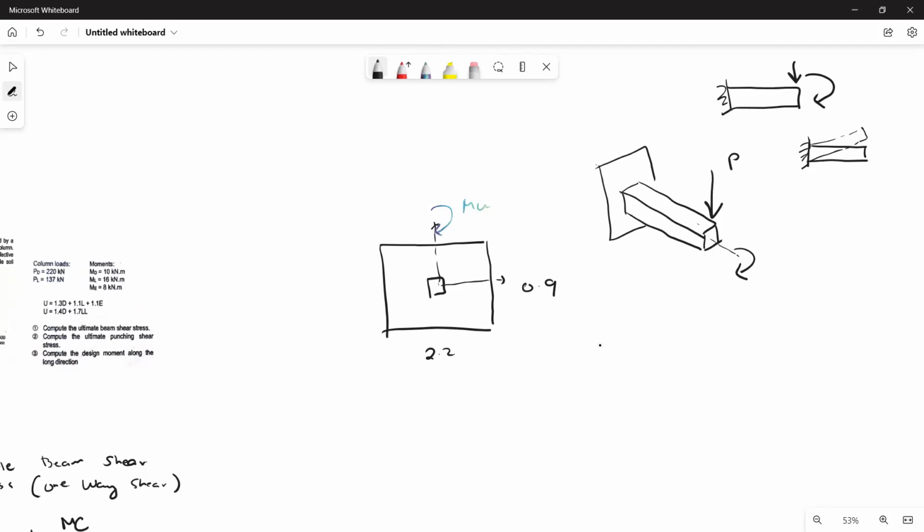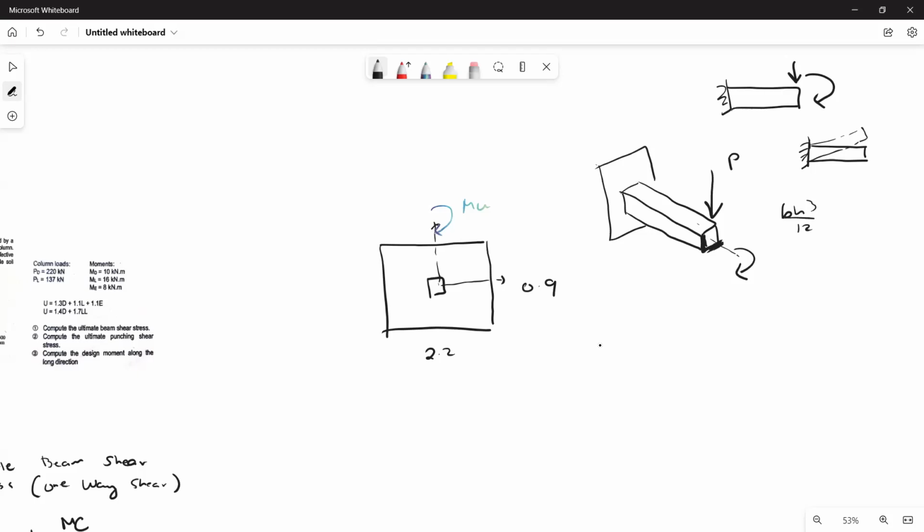Kapag ganyan yung bending, ang ginagamit yung section modulus is from this bending. Ito yung BH cube over 12 mo. Ito yung B mo, ito yung H mo.